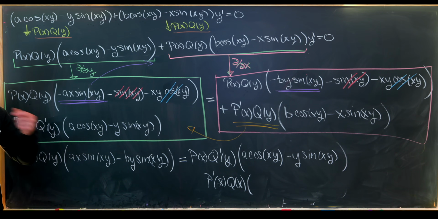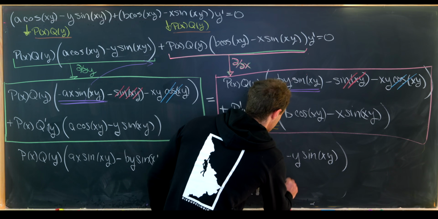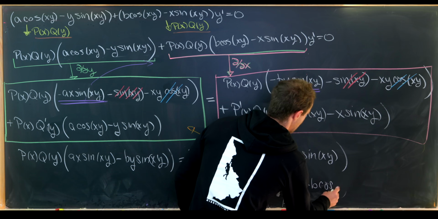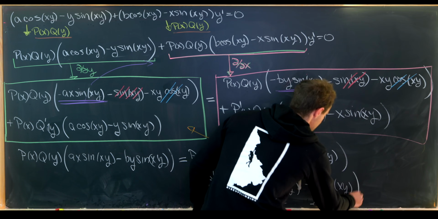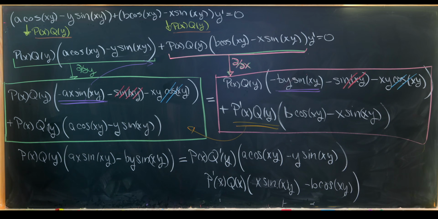And we know it has the signs changed because we moved it to the other side of the equation. So that'll leave us with x sine of xy minus b times cosine of xy. So like I said, just by flipping the order of subtraction there. Okay, and now we have the following equation that needs to be imposed. But let's maybe bring that up here, and then we'll move on.